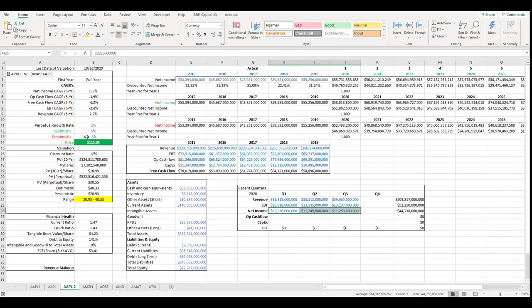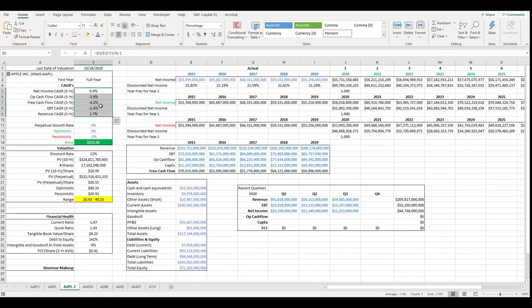But also during the pause, when I was updating the numbers, I put in my optimistic and pessimistic numbers. Each year I feel Apple gets less and less innovative since Steve Jobs passed away, and these are my 5 growth rates. I put optimistic situation as a 5% growth rate.